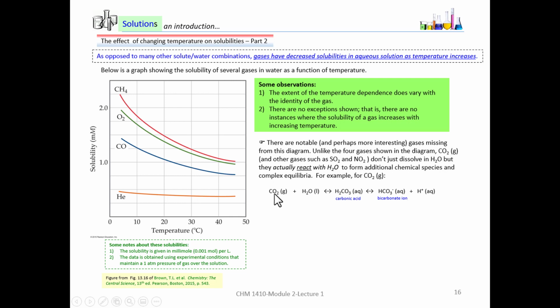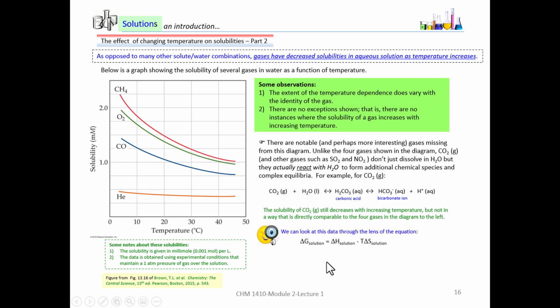That's why carbon dioxide dissolved in water forms a weakly acidic solution. Now, the solubility of CO2 gas still does decrease with increasing temperature. We're not showing it on this chart, but not in a way that's directly comparable to the 4 gases in the diagram on the left, since none of these are literally reacting with water.